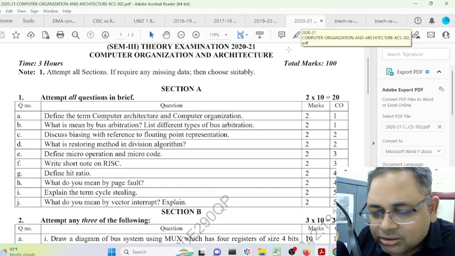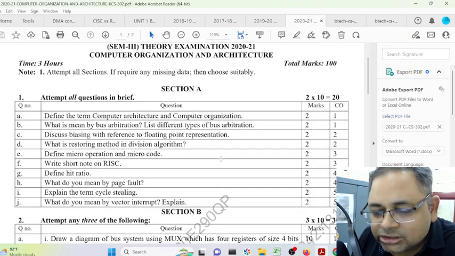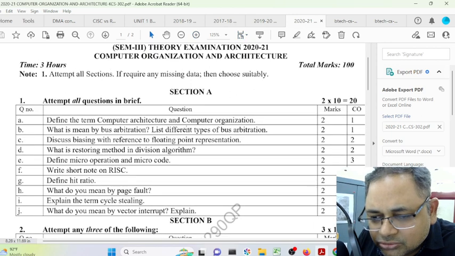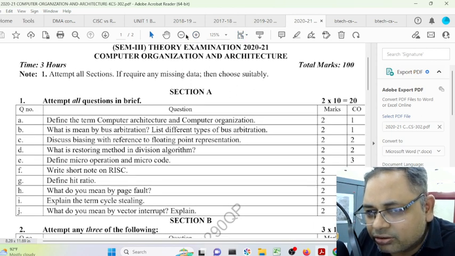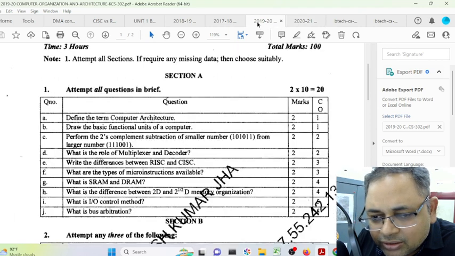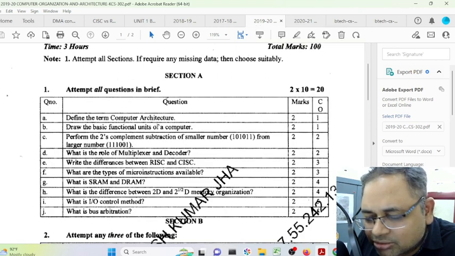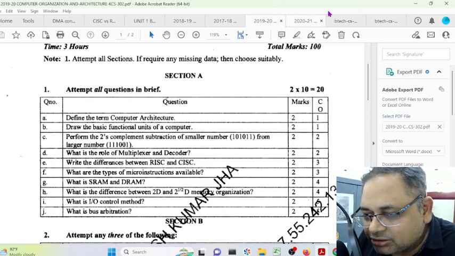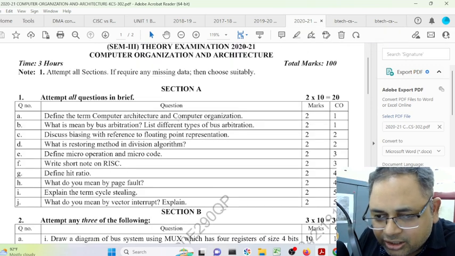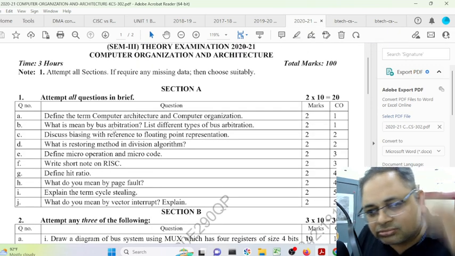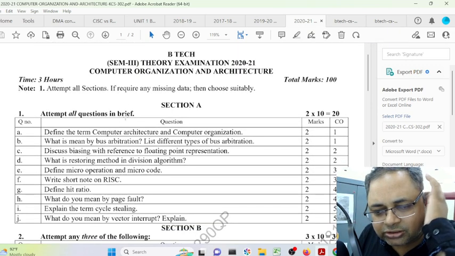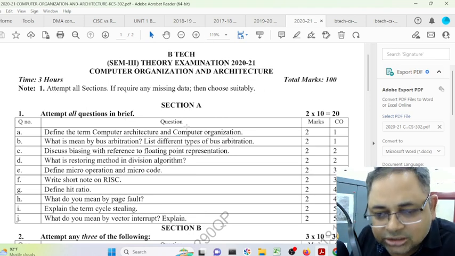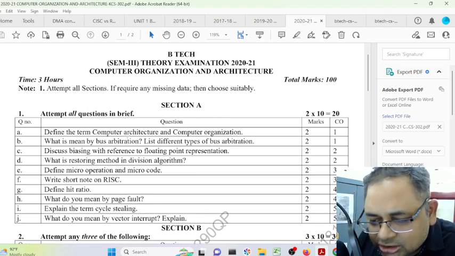Then coming to the paper of 2021. In the paper of 2021, again you can see that in 19-20 the term computer architecture's definition was asked, and again in 2021, 2020 and 2019, in both the definition of computer architecture was asked.